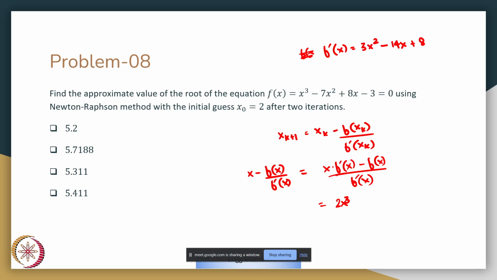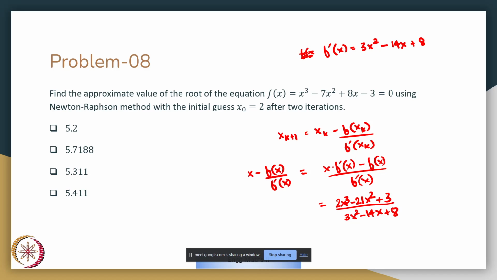Then on the x square term, we have minus 14x square minus 7x square, which is minus 21x square. Then you have plus 8x minus 8x, so the x term would be cancelled out, and then 0 minus 3, so plus 3 upon 3x square minus 14x plus 8.